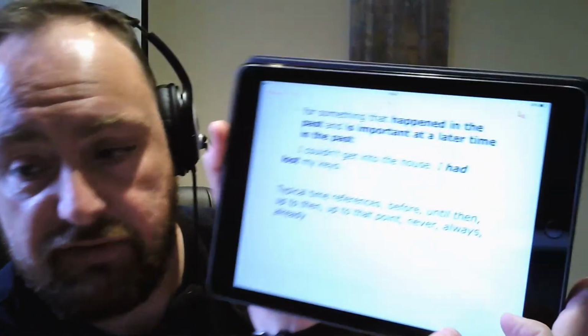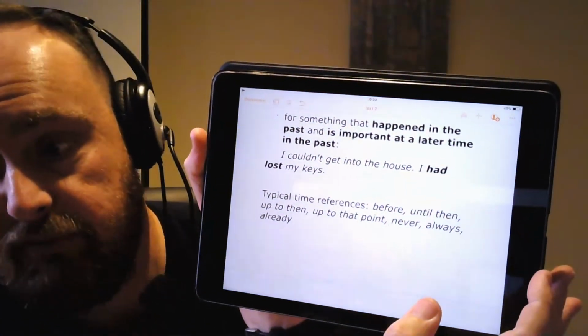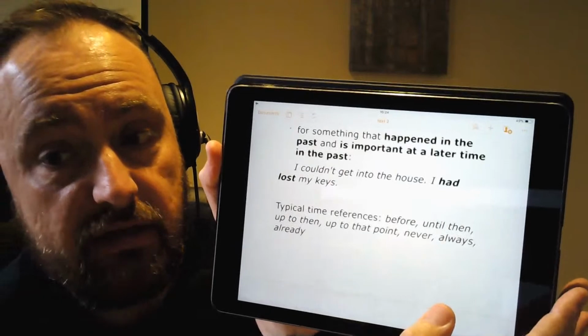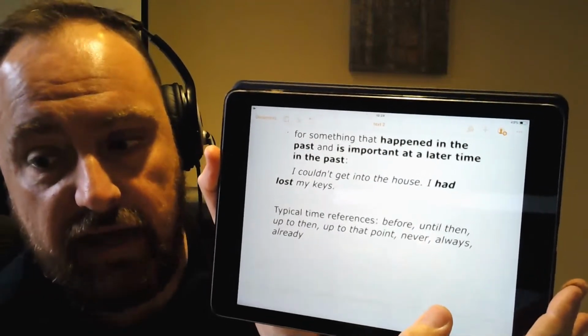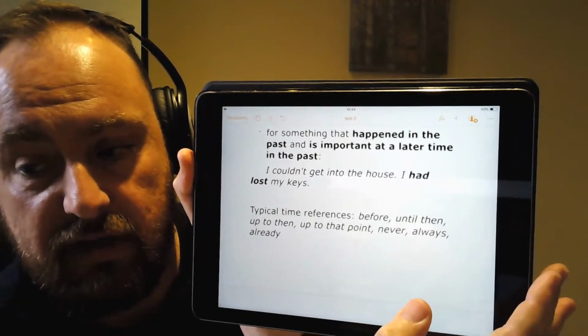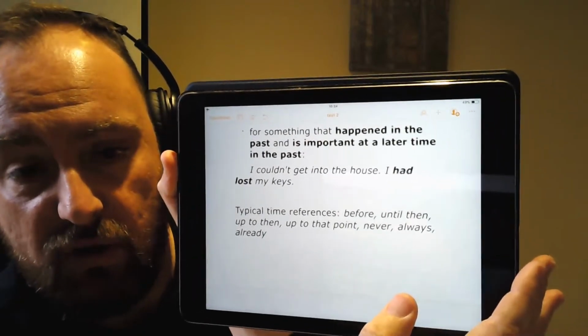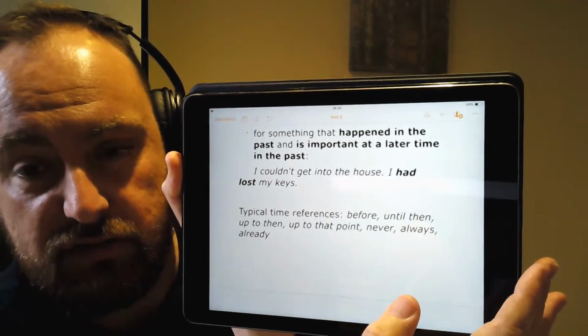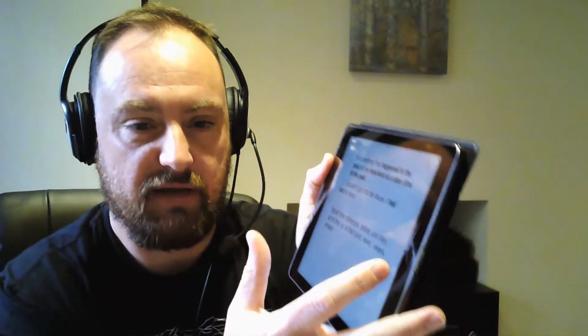So typical time references that we're looking at are before, until then, so not until now, but until then, up to then, up to that point, never, always, and already. So always with the meaning of before that point. Yeah, already before that point in the past. And also the structure for these things.